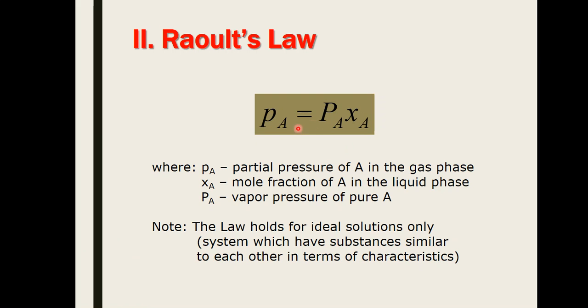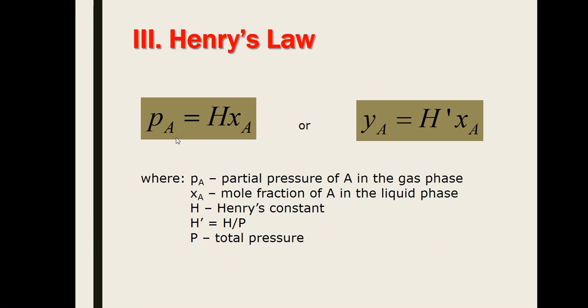That's it. So partial pressure equals the product of the pure vapor pressure and the mole fraction in the liquid phase. As to the pure vapor pressure of the component, you can get this in property tables. The next equation that could also express relationships of variables in equilibrium problems is Henry's law.